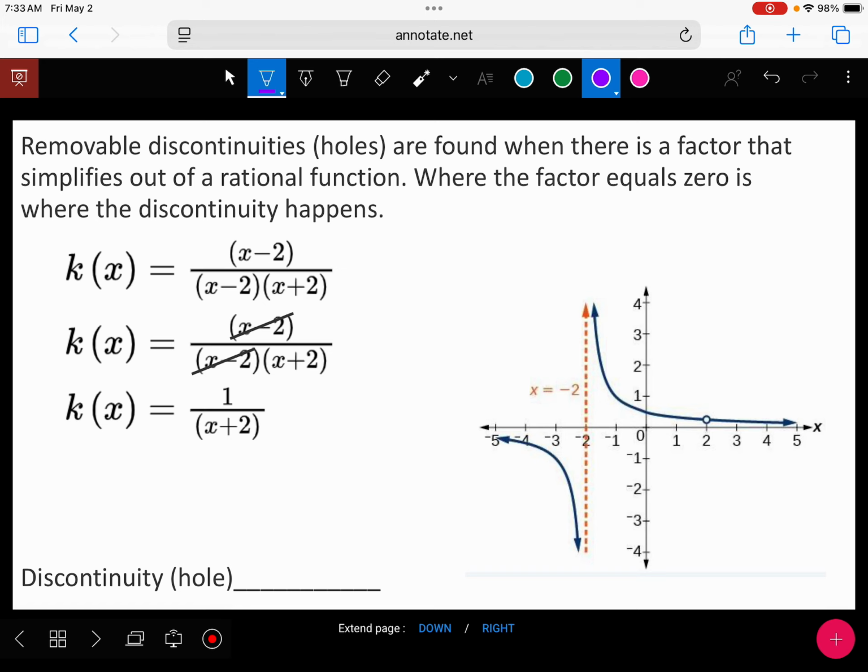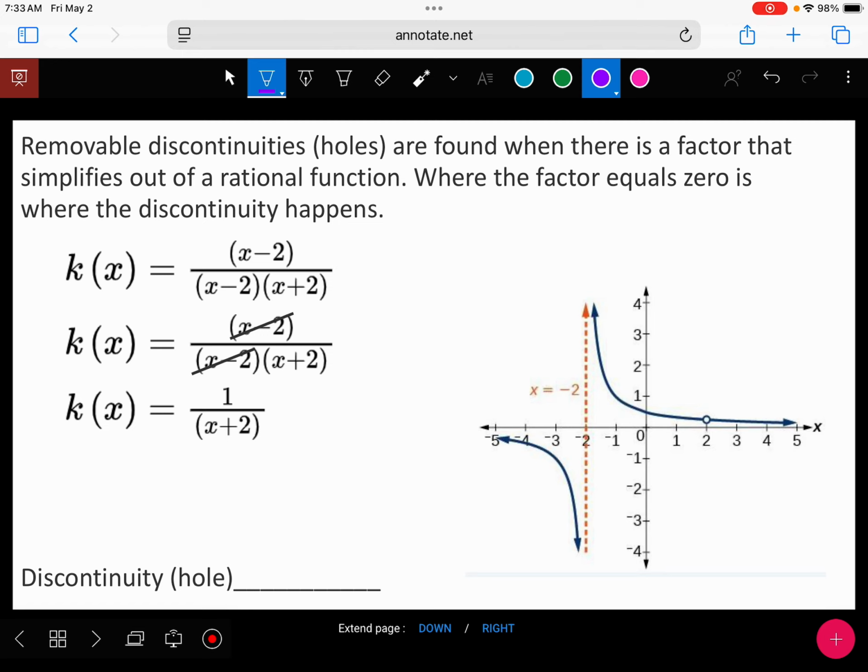And in fact, that's the other way we'll refer to a removable discontinuity here: a hole. Or you can call it whatever you choose to. We will most often refer to them as discontinuities, removable discontinuities, or a hole. Why removable?